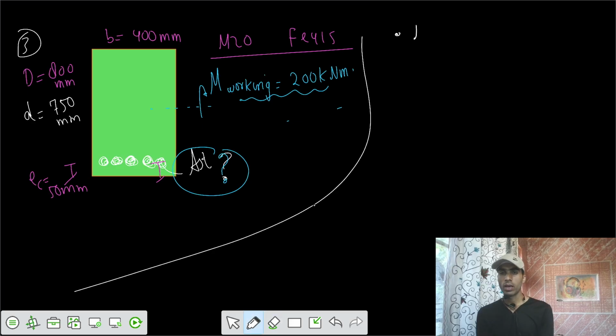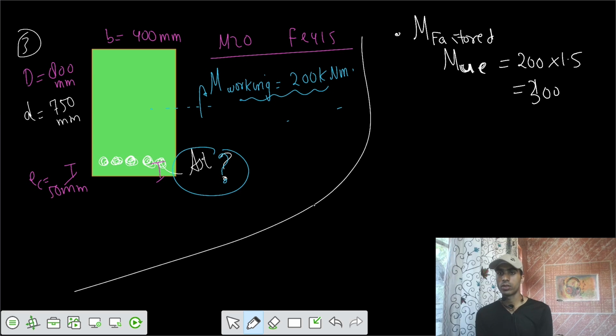I would say your factored external moment, I would write that as Mu,e. U means ultimate and E means external. That is equal to 200 kilonewton meter into this factor of 1.5. That's 300 kilonewton meter.